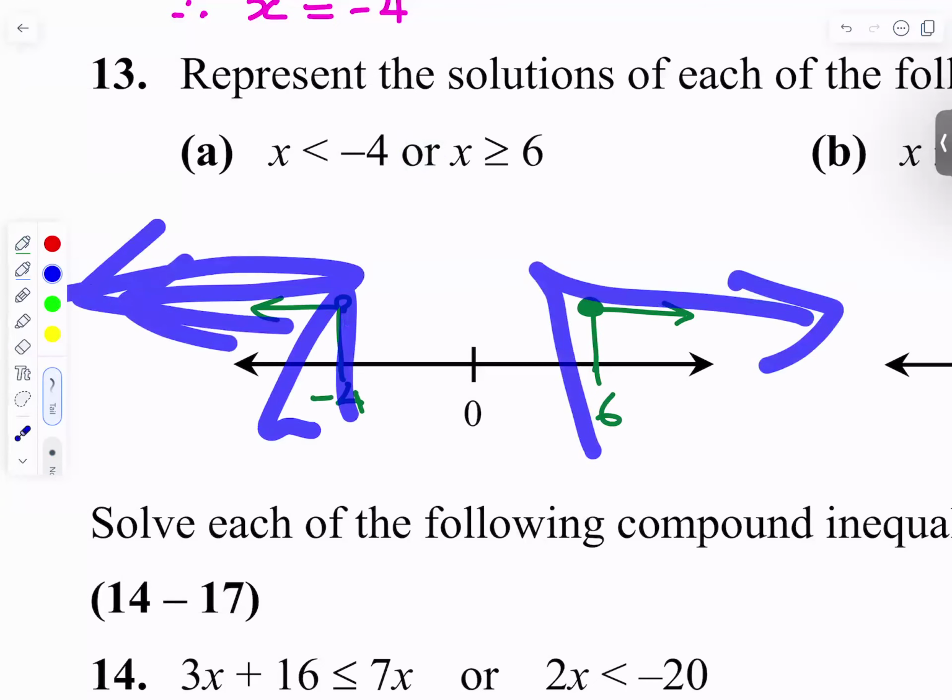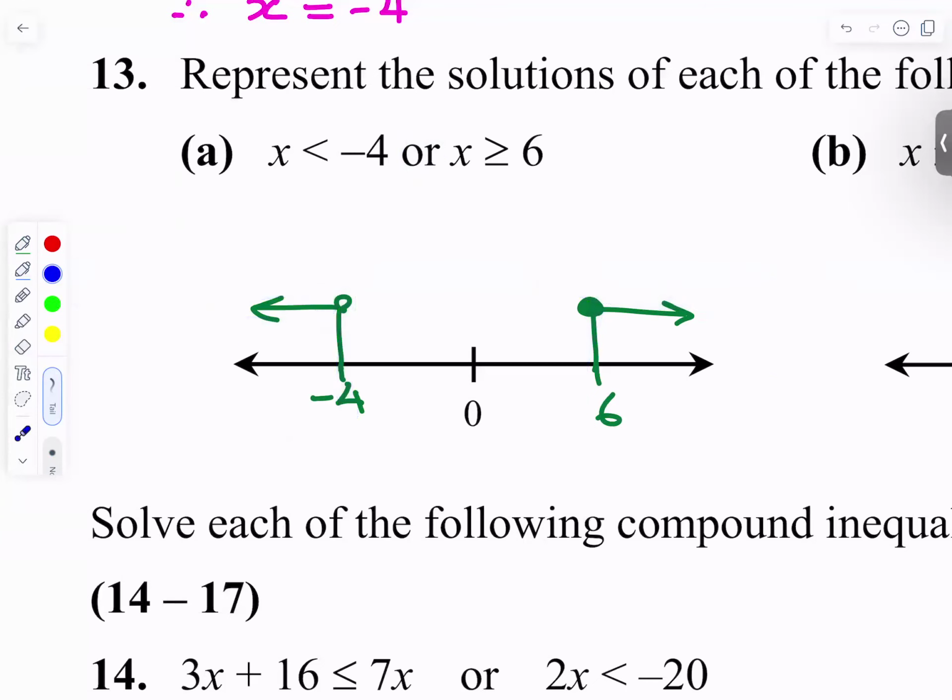No, they're going in different directions. They're never meeting. So if it was the and here, there's no solutions. But now it's the or. So even if one of them is the answer, that will be it.